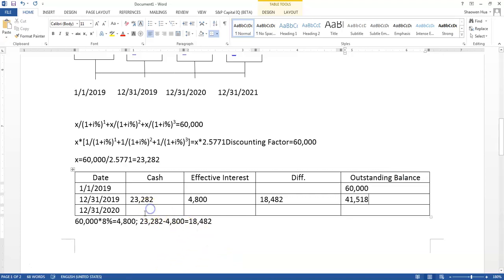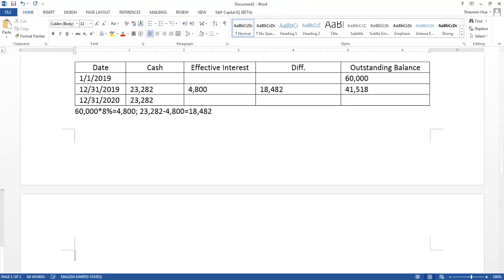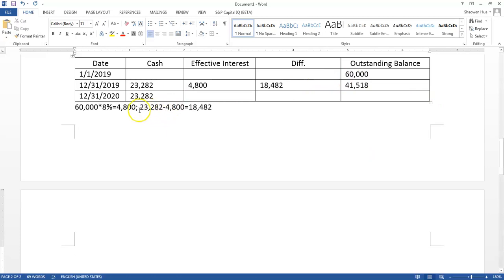Okay, and then the next year, 2020, you make the same payment again. And out of this $23,282 of payment, how much is interest? Well, we calculate it following what we did last year. We use the previous balance multiplied by the interest rate. So now we are in 2020. The previous balance was $41,518 with 8% interest rate.